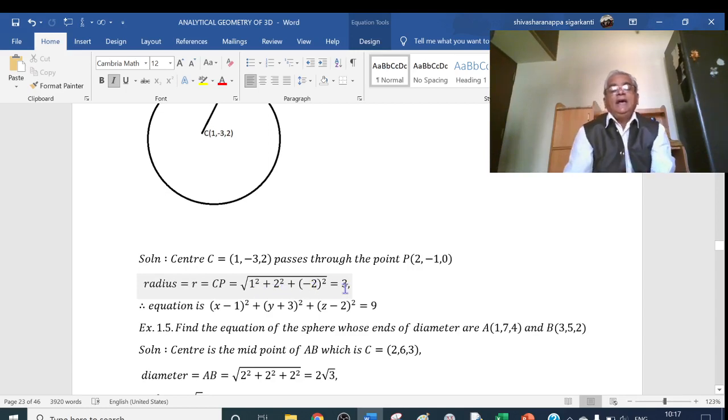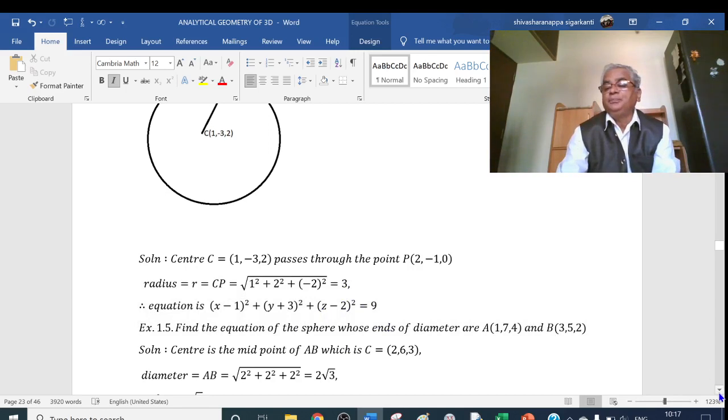So the radius is 3 and the center is (1, −3, 2). Then the equation of the sphere is (x − α)² + (y − β)² + (z − γ)² = r², that is (x − 1)² + (y + 3)² + (z − 2)² = 9, since r is 3 and 3 squared is 9.